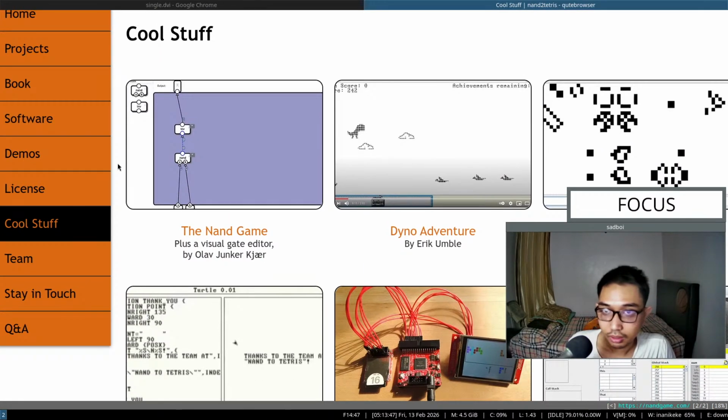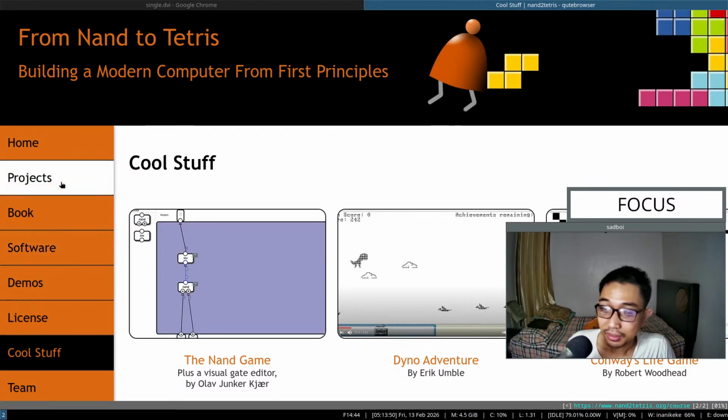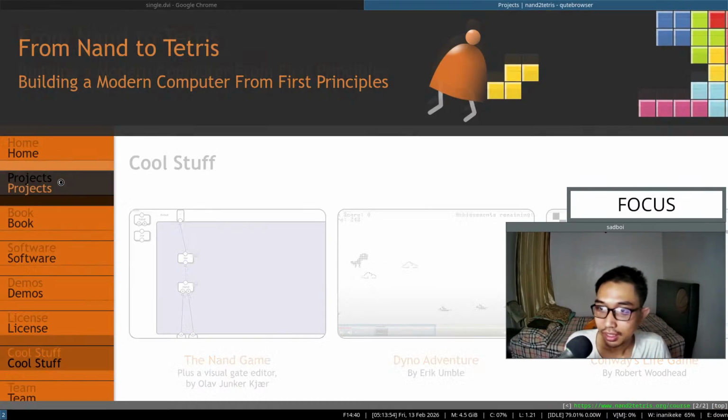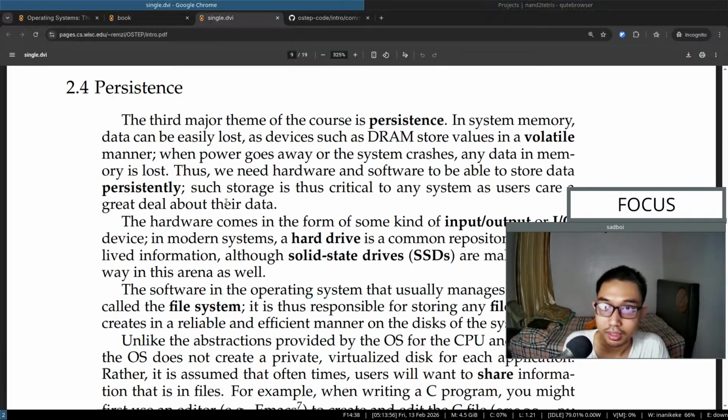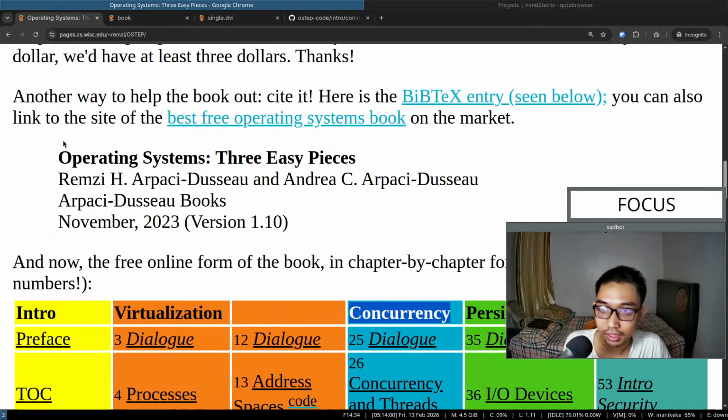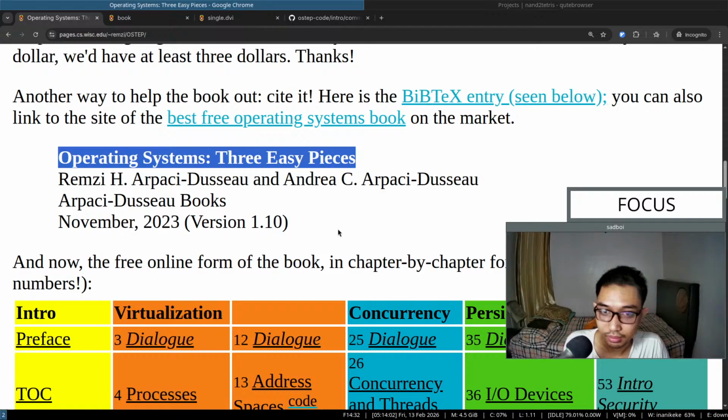Maybe I will take a look at this, but for now I want to focus on the other book, this book, right? Operating Systems: Three Easy Pieces.